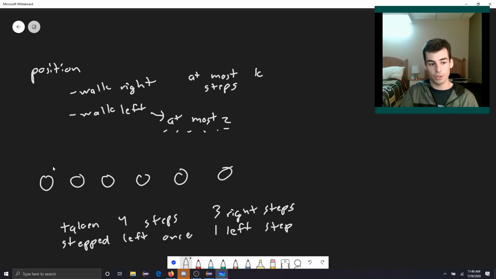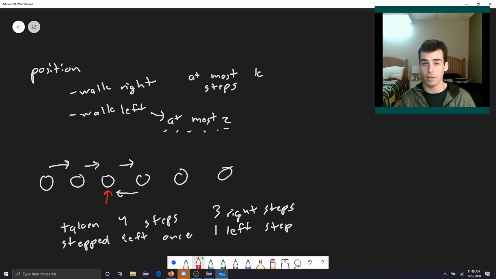So that means our position would be, we start here, we go right 1, 2, 3 times, then we go left once. So this is currently the position we're at, which means we don't actually need to store what our position is in our DP state, because given just these things, that's enough information to figure out what subproblem we have left to solve. That's the idea.